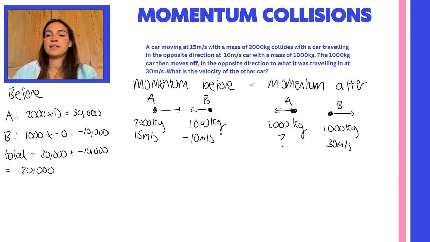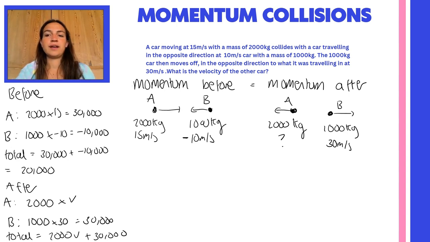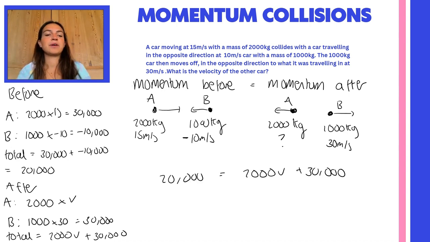Now let's look at the momentum after. For A, I've got 2,000 times some velocity v, not sure what that is yet, and B is 1,000 times 30 is 30,000. Next I am going to write the total for my after equation, which is 2,000v plus 30,000, so that I can set my total before, 20,000, equal to that total after.